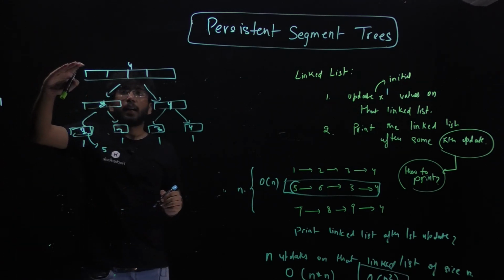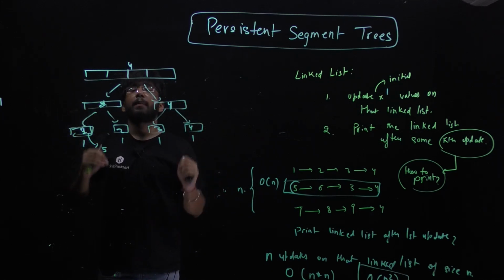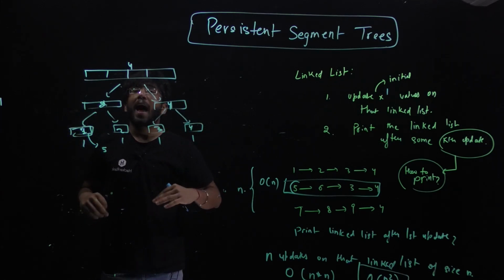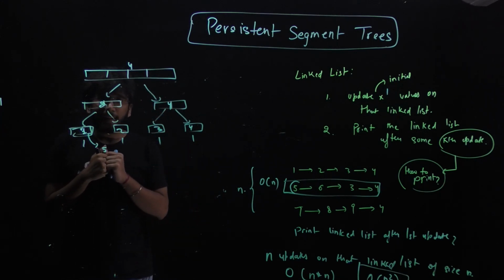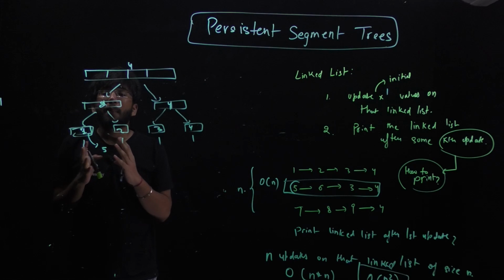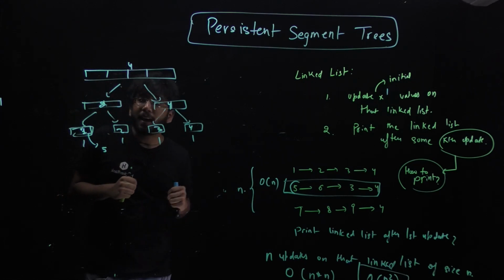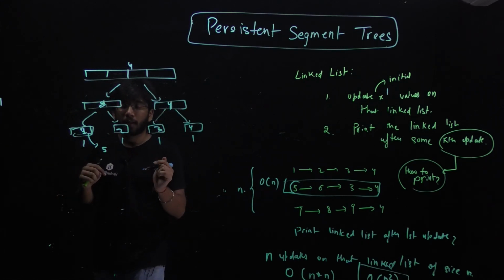So can you tell me how many nodes in the segment tree would actually change? So it's very clearly evident what are the maximum number of nodes that can change on a point update.